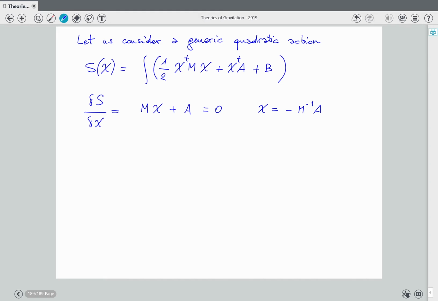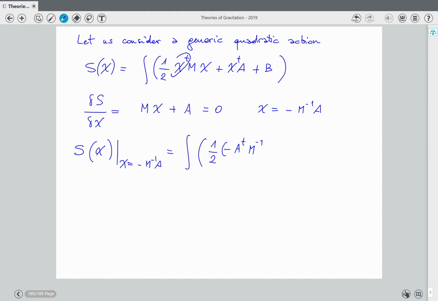So let us see what we get when we replace chi with this solution inside the action. S of chi, with chi equal to minus M minus 1 A, is equal to what? The integral of 1/2. So the transpose of that is minus A transpose M minus 1 transpose, but M is symmetric, so we can forget about the transpose there.